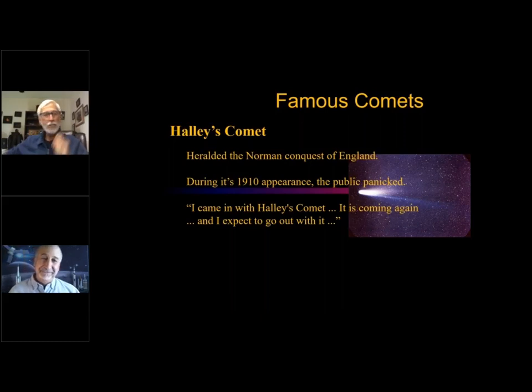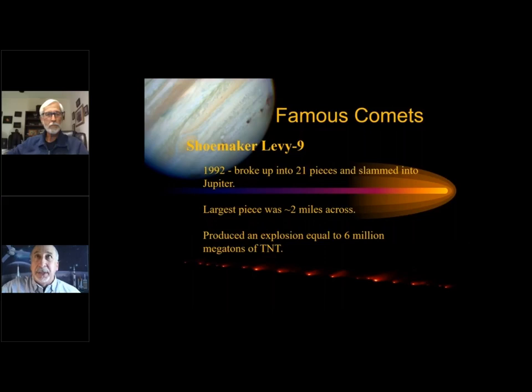So Richard, I remember seeing pictures of a comet that slammed into the planet Jupiter. Can you tell us something about that? Sure thing. That's my next comet here on the list, Shoemaker-Levy 9. That was in 1992, and many of us were glued to the TV set watching this comet slam into the atmosphere of Jupiter.